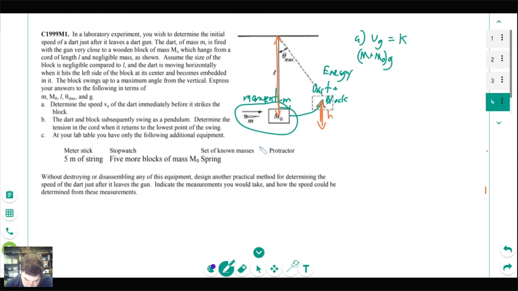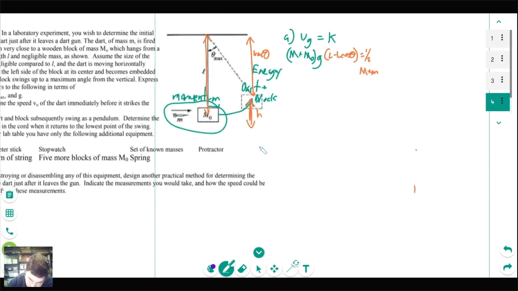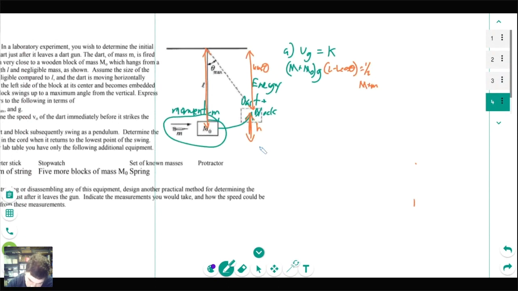At this part, it's only L cos theta, which means that our change in height must be L minus L cos theta. And that must be equal to our 1/2 (M plus M naught) v squared, where v is what we're looking for here.